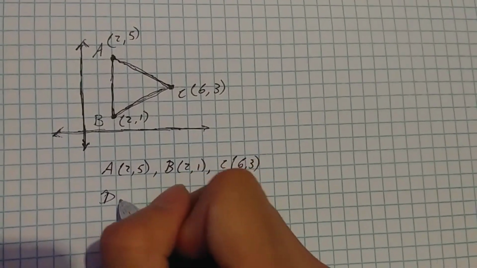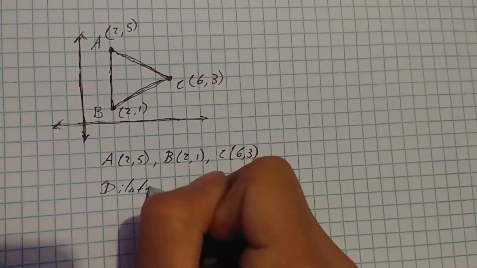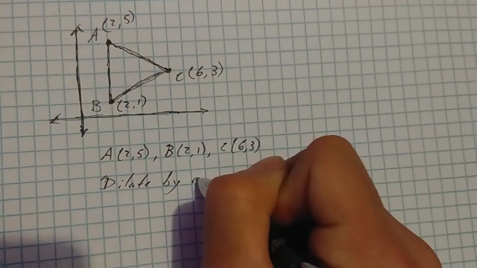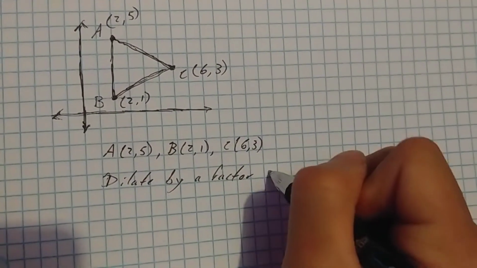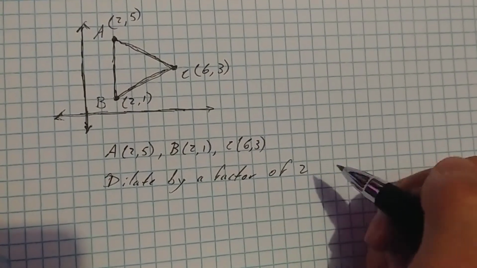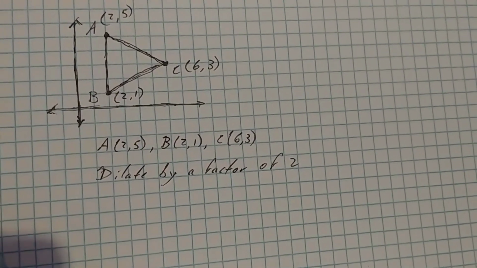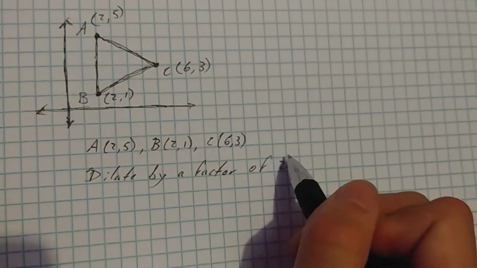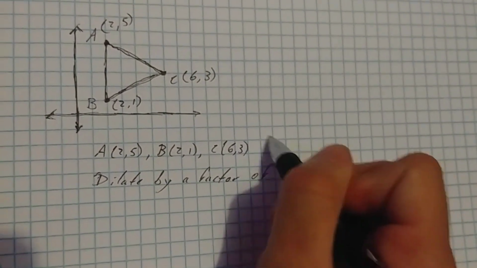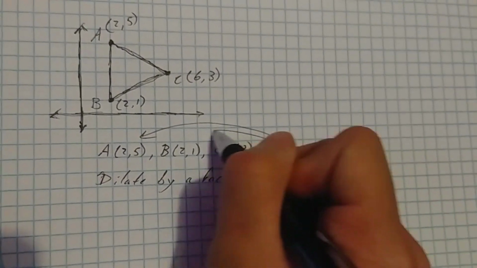Now we want to dilate this. So the question will be: dilate by a factor of, I don't know, let's say 2. Dilate by a factor of 2. Again, for any scale factor, if they want you to dilate a figure, this is what you want to do: multiply this 2 by every single number.